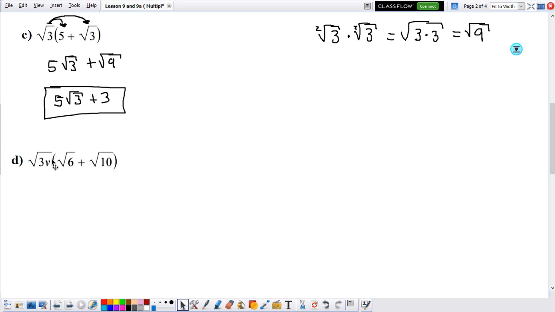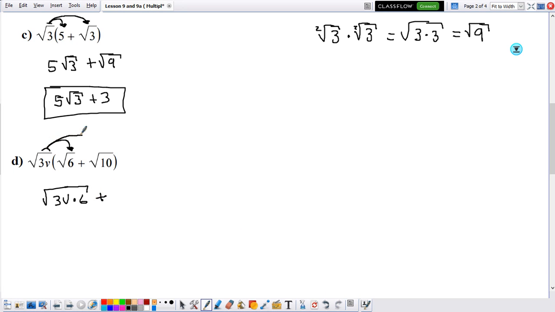Now let's look at example D. Here, in example D, again, we're going to distribute. The outside, you first need to distribute to the first expression here. So now we're going to have the square root of 3b times the square root of 6. Notice that both of them have the same square root, so we're just going to multiply the insides. So now this becomes the square root of 3b times 6, plus.